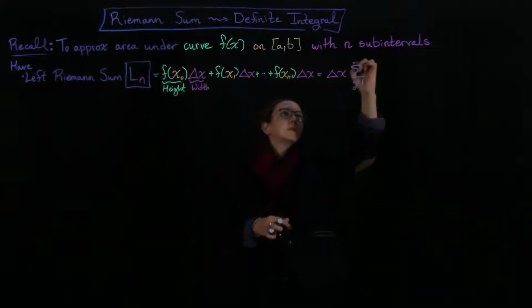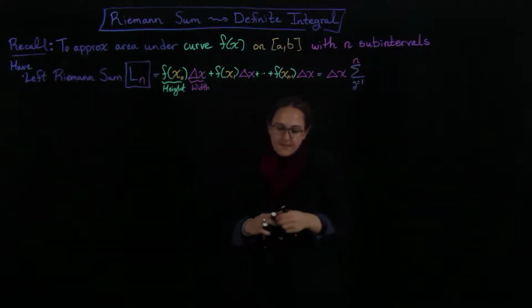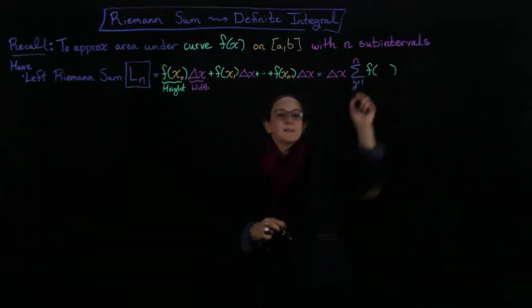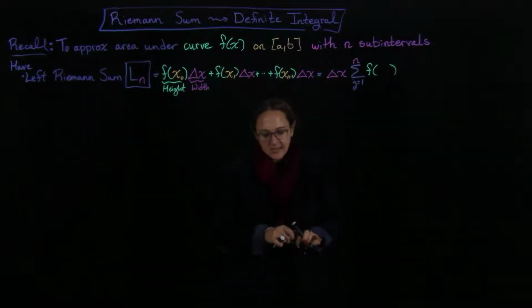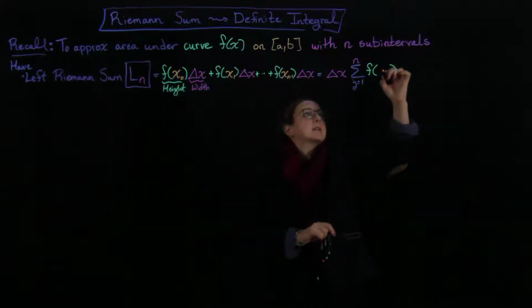Then we have f of, because we were taking the left endpoints, it started with x0, so we took f of x sub j minus 1.